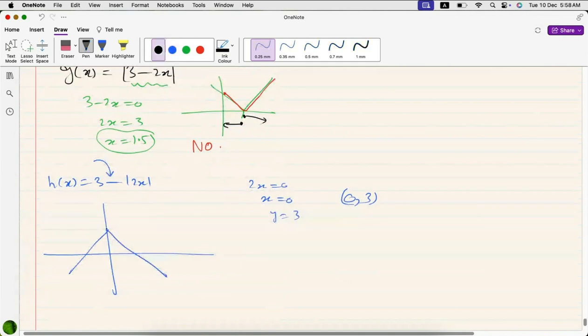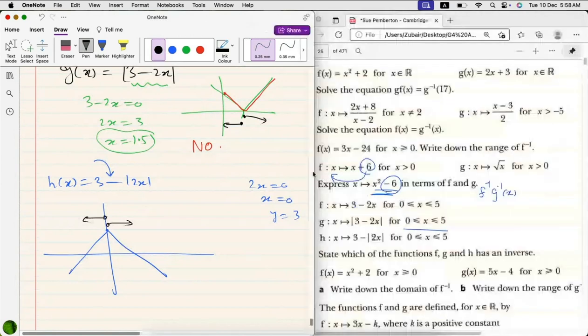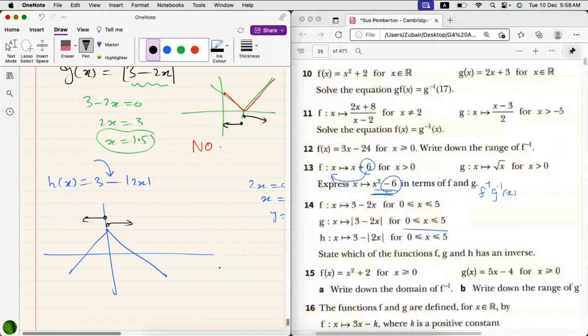But still, the turning point is x 0, so either to the right of it or to the left of it. Now let's see what the domain is. The domain is 0 less than or equal to x less than or equal to 5. So the examiner is selecting this part only. See, in this part, there's no turning point. So yes, it would have an inverse.